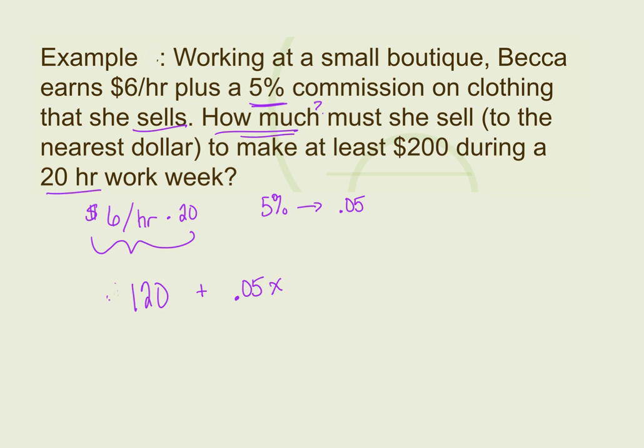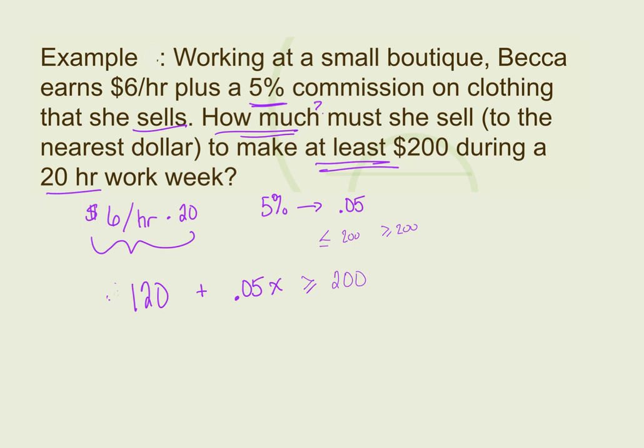And she wants to make at least. So does she want her pay to be less than 200 or does she want it to be more than 200? Well, she wants to make at least, which means she wants to make more than or equal to $200. And now we have an equation we can solve.